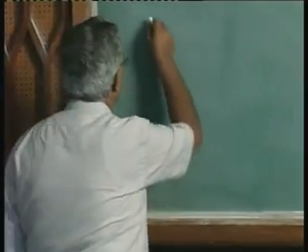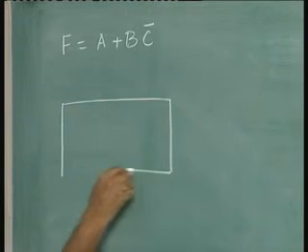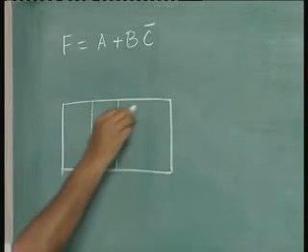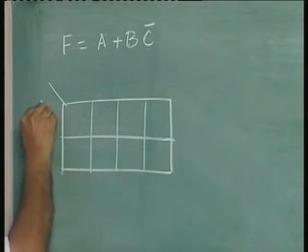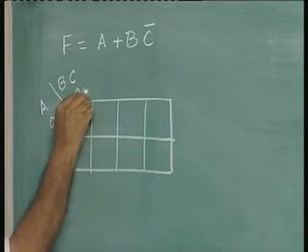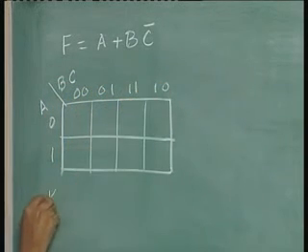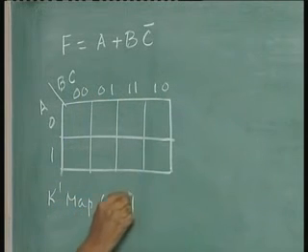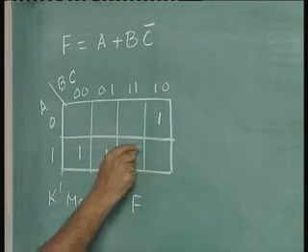So when you drew the corner map for this, if you remember, this is the K map, where there is a 1 here, a 1 here, 1 here, 1 here, 1 here, 1 here.